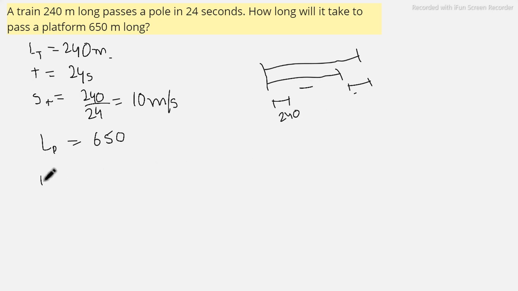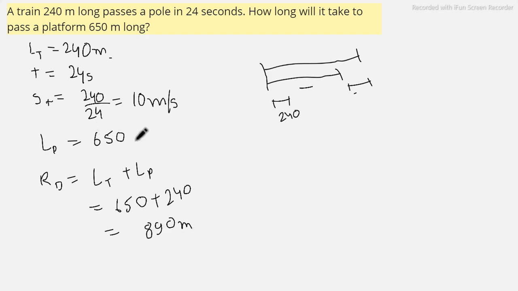So our required distance is length of train plus length of platform, which is 650 plus 240, which equals 890 meter.